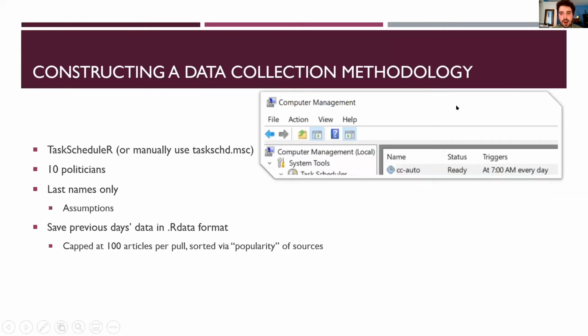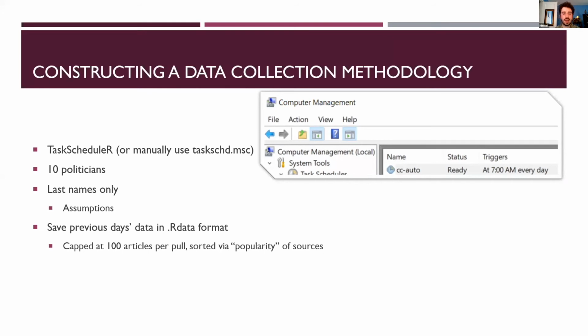So this is where I had to get a little familiar with task scheduling in PC. Also a learning experience for me. You can use taskscheduleR, the package, and that incorporates itself into RStudio nicely. So you can basically tell your computer when you want a specific R file to run.